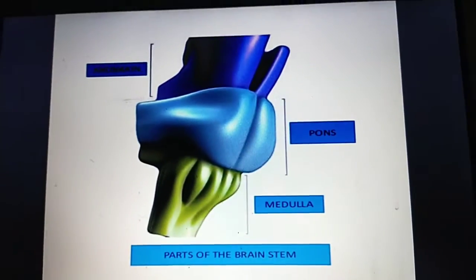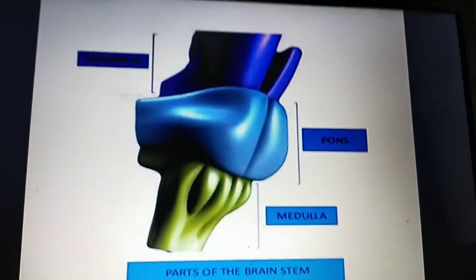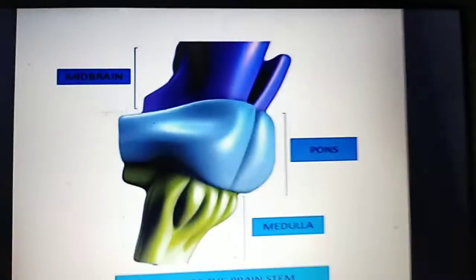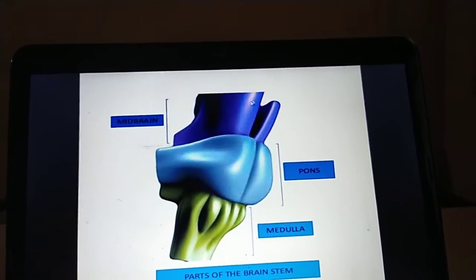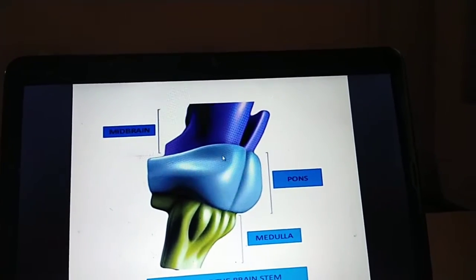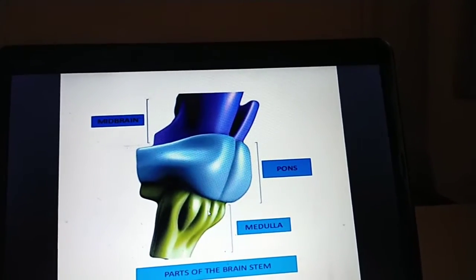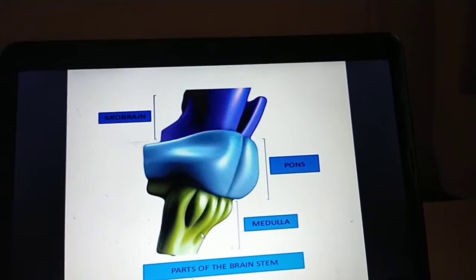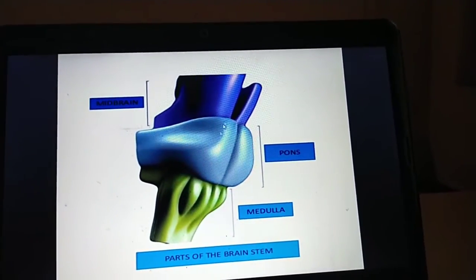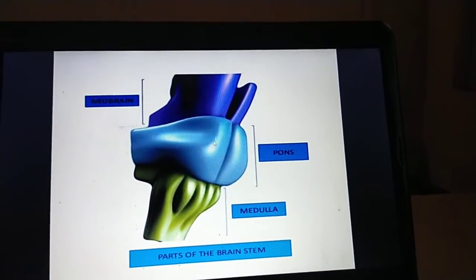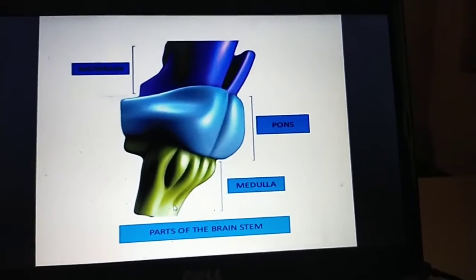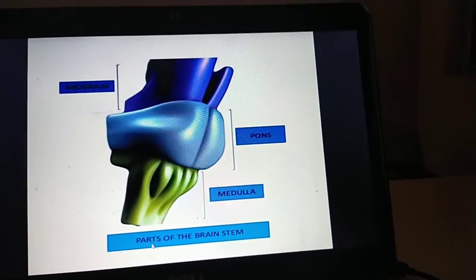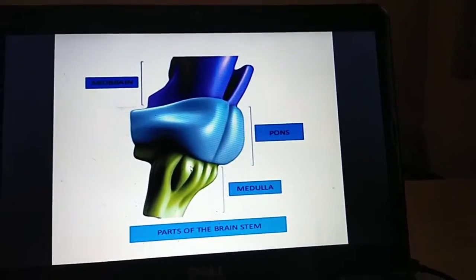These are the parts of the brain stem. This is the midbrain, this is the pons, and this is the medulla oblongata. All these three parts together form the brain stem, and the medulla oblongata is continuous with the spinal cord.